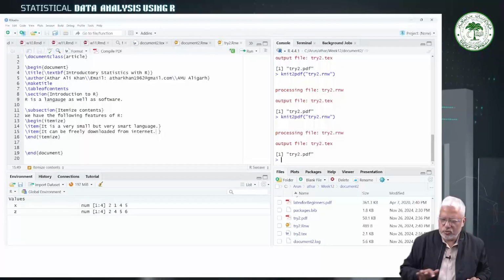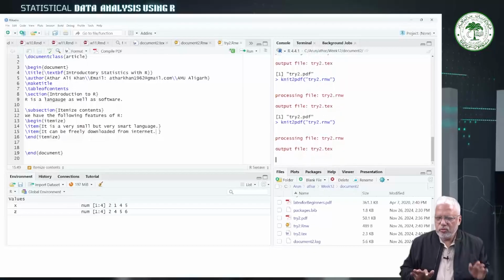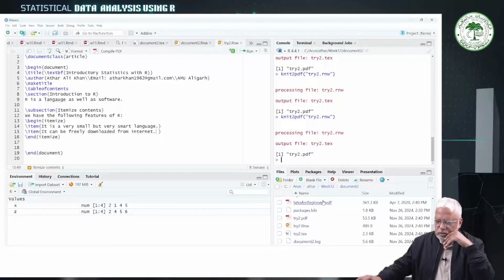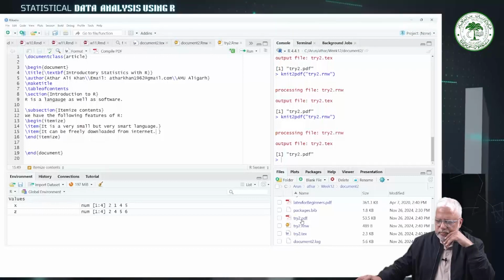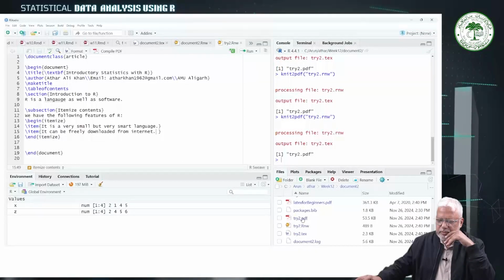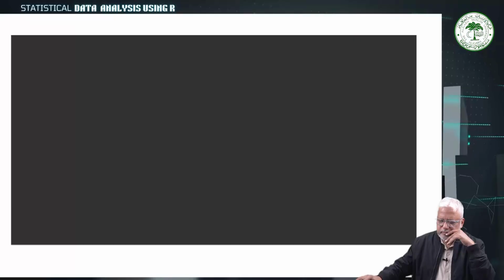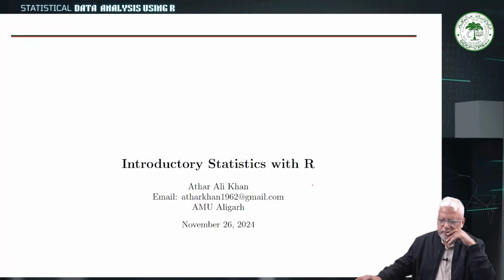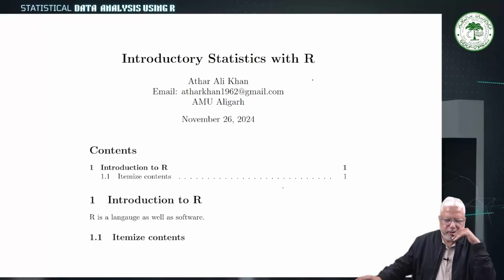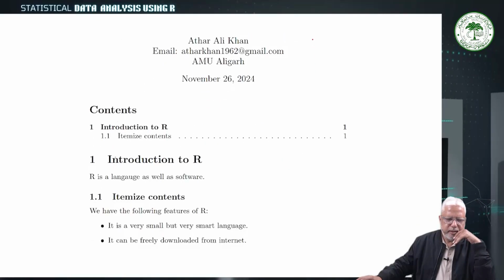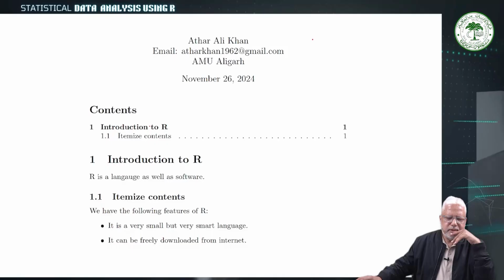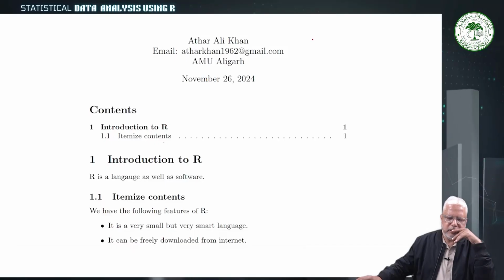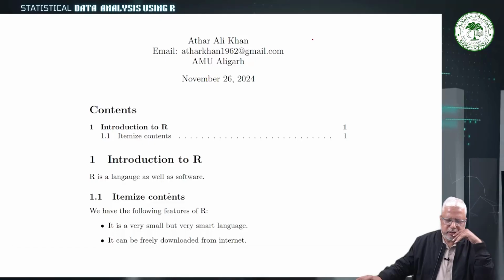Control S, Control 2, and we will go and we will run. See, now the PDF document has been modified. See, table of contents. Here in the table of contents, now Introduction to R, and then subsection, itemize contents.